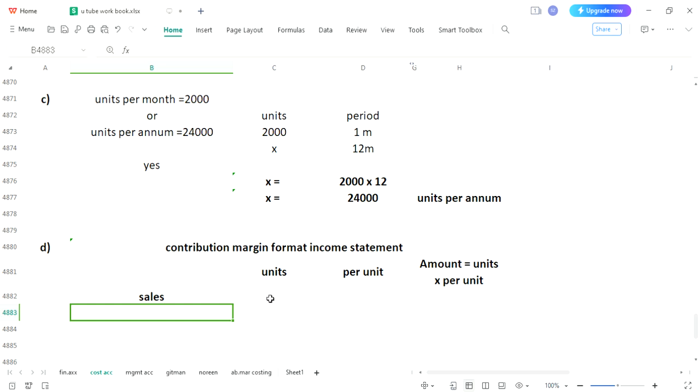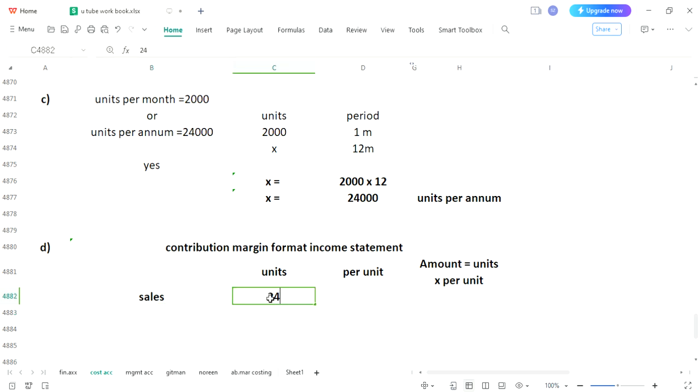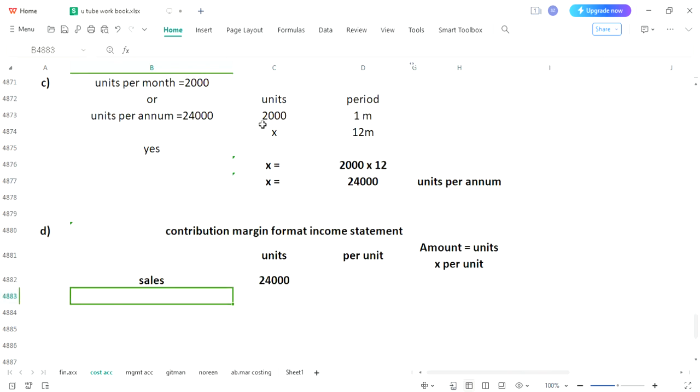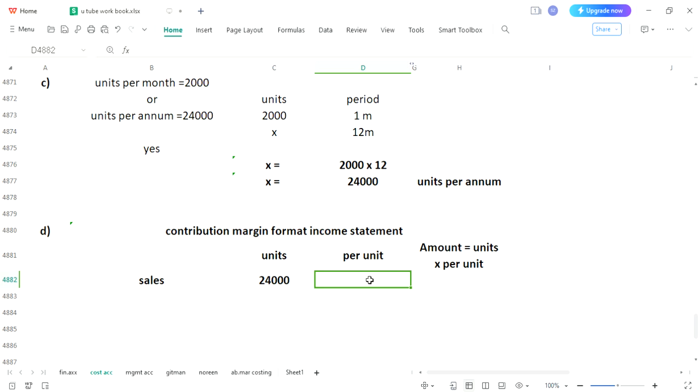So in the same situation, 2,000 per month or 24,000 in a year. Normally whenever you make your income statement, it would be for a full year, not for each month. First we are writing sales, and the per unit sale price was present in your question. Look over here, sale 13.98. You can put 13.98 as the per unit sale price.